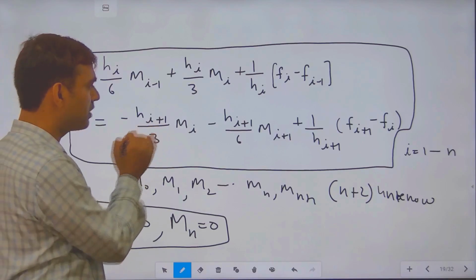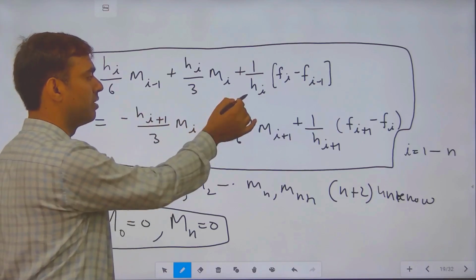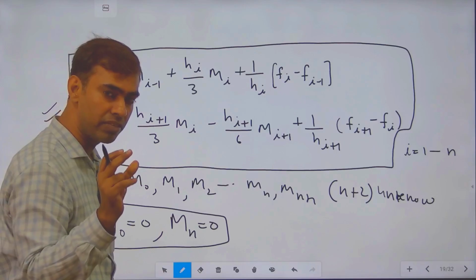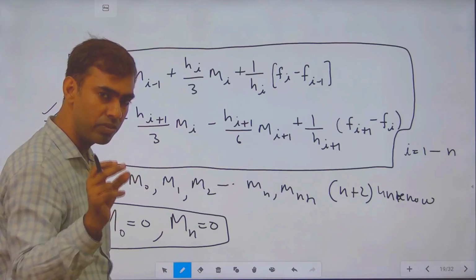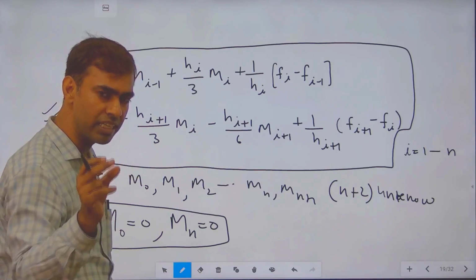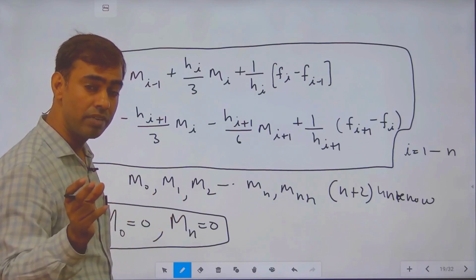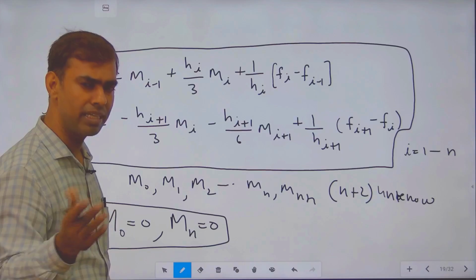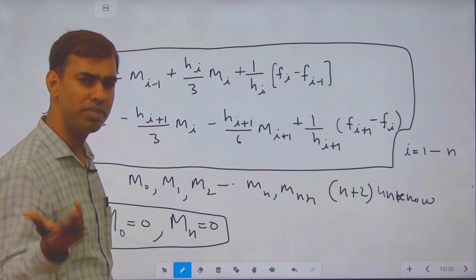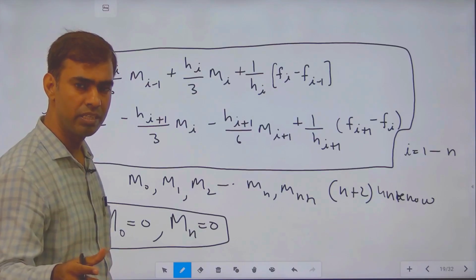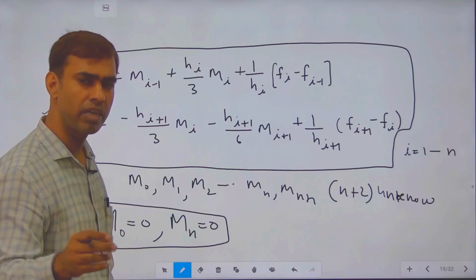Here hi plus 1 and hi are the class intervals, from xi minus 1 to xi and xi to xi plus 1. It's not necessary that there is always an equal class interval; you may fit a cubic spline function for unequal class intervals.